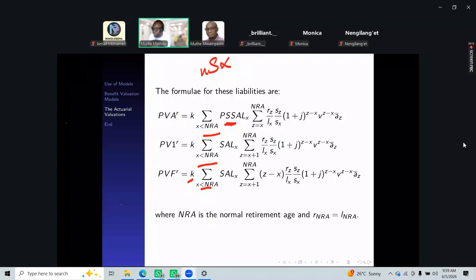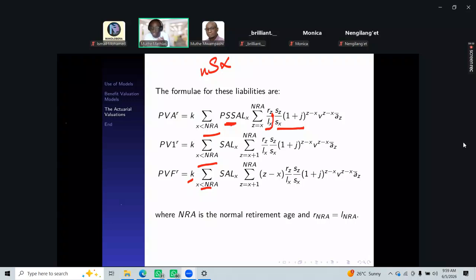So you can see here, this is actually the probability that you'll survive up to that period. So if you are age X today, will you be able to survive up to the retirement age? And then of course here, I'm just adjusting the salary, because remember the salary will not remain constant, the salary will grow. So I have to take S of X, and then of course S of Z. So we have growth of salary.